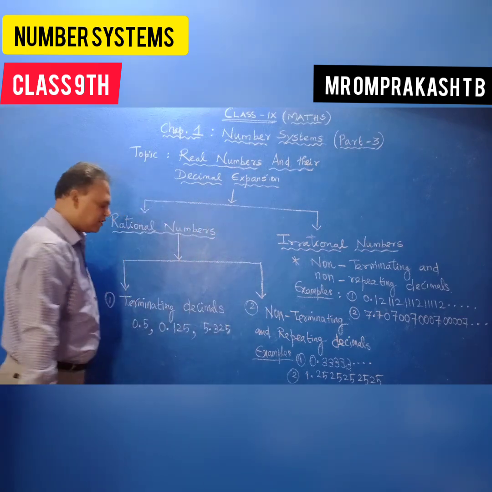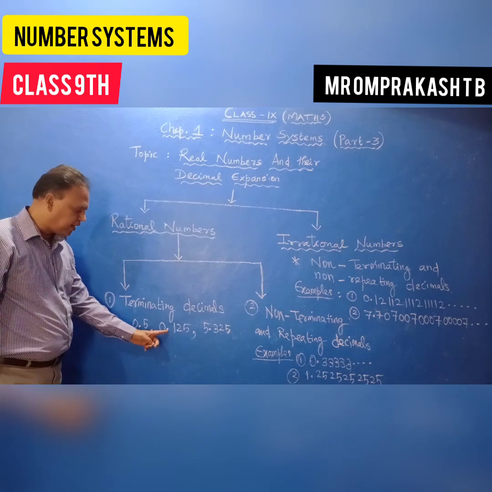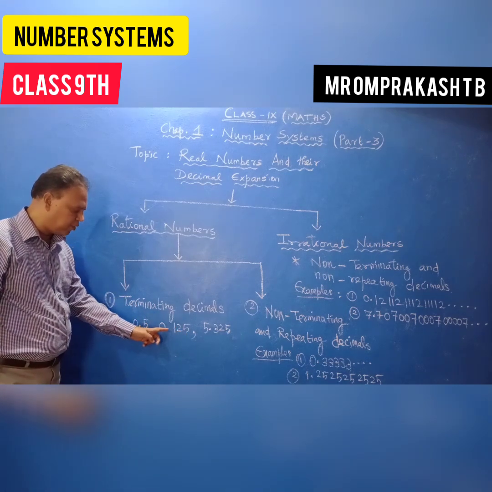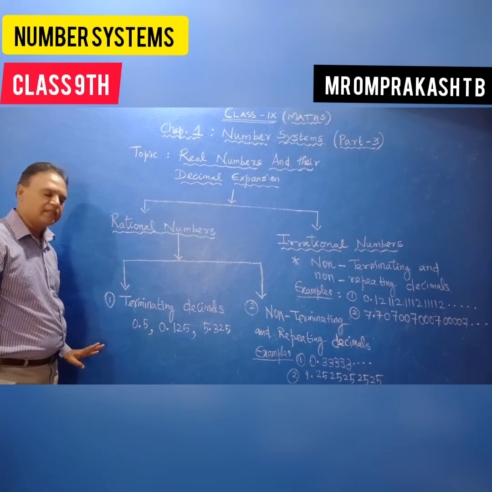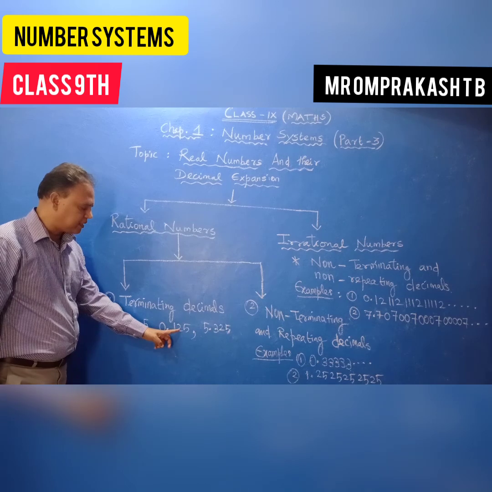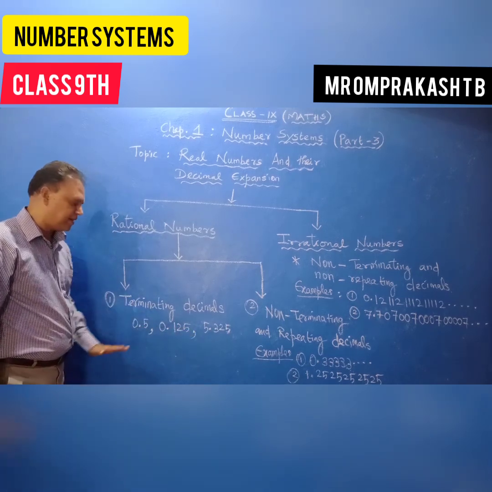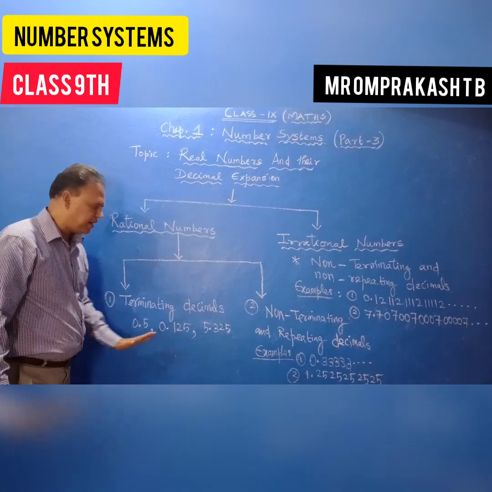So the decimal part is ending. After the decimal point is the decimal part, before it you have the integer part. Here there are 3 decimal places, that is ending, terminating.